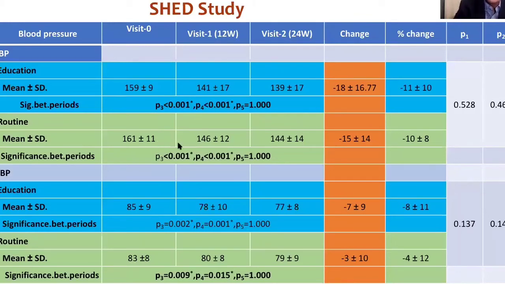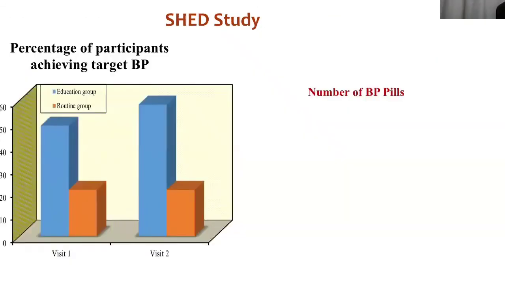These changes from one step to the other, from visit 1 to visit 2 to visit 3, in each arm was significant. So what you do as a clinician and intensifying the therapy helps, but also education helps.